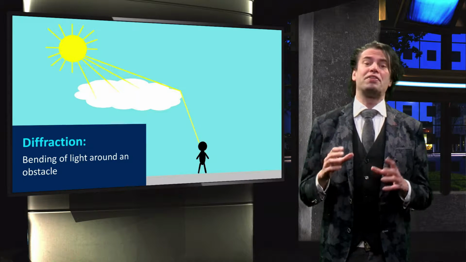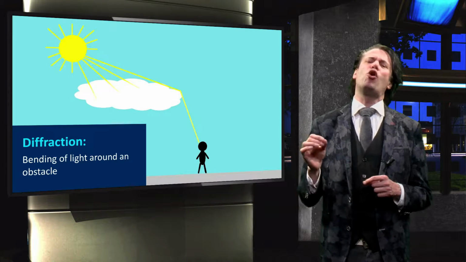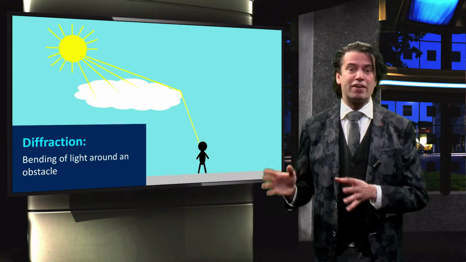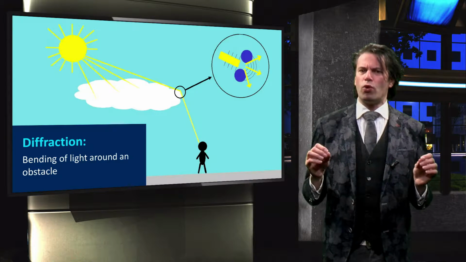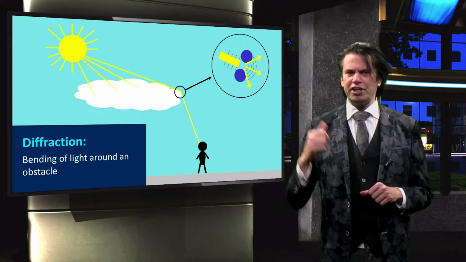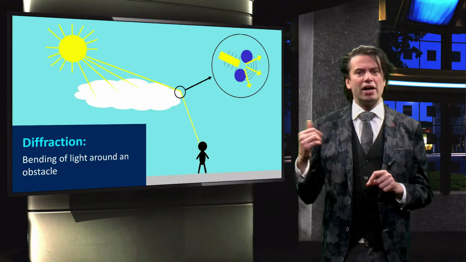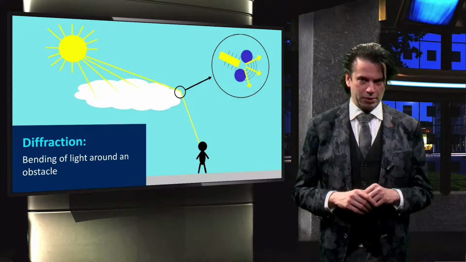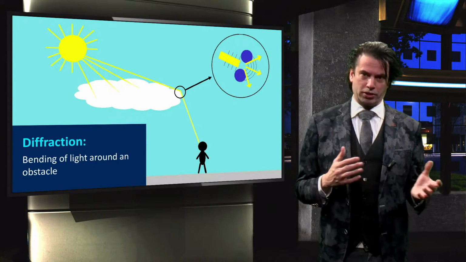Diffraction can occur when the light encounters particles that have a size of the same order of magnitude as the wavelength of the light. A cloud consists of many water particles. The illustration shows two such water particles in dark blue, partly blocking an incident light beam. The light wave will propagate between the water particles.